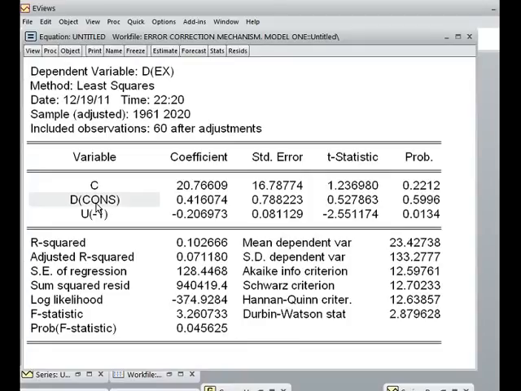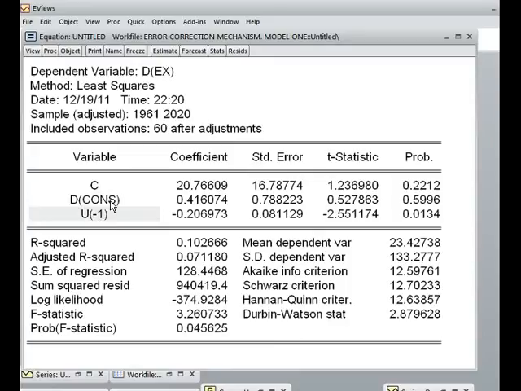Last time I said that the first difference of Ex and cons is stationary, right? And in time series data, we should use stationary variables, and this is the error correction term, one period lag of the residual from the previous regression model.